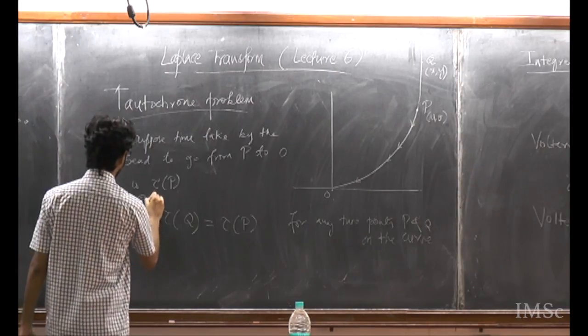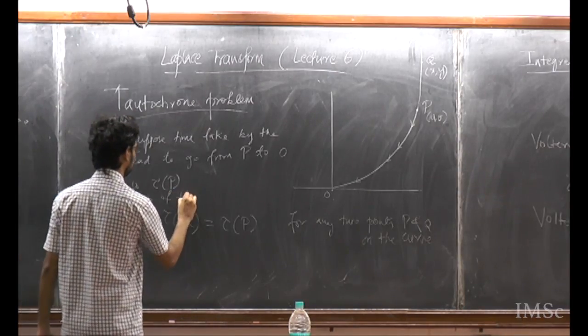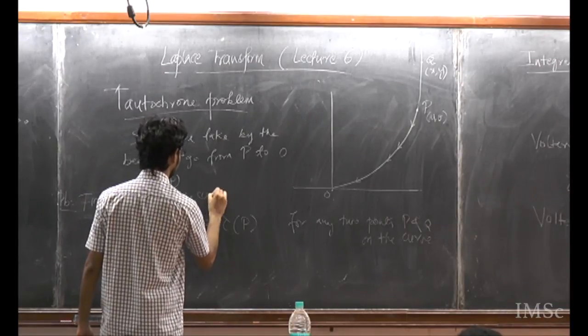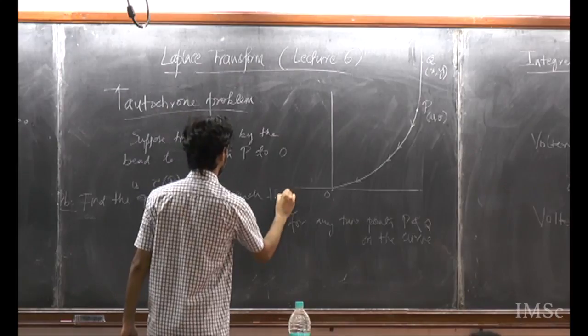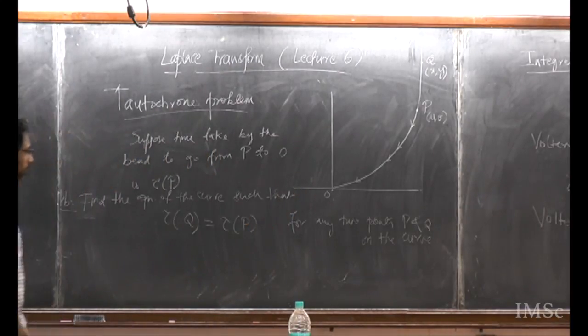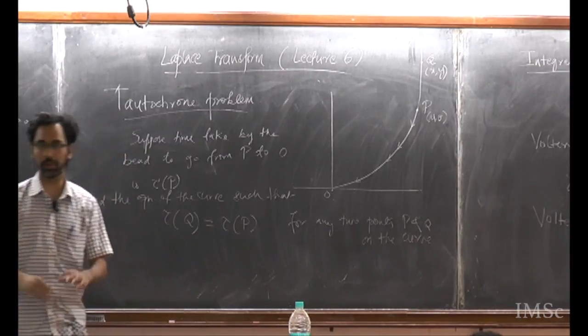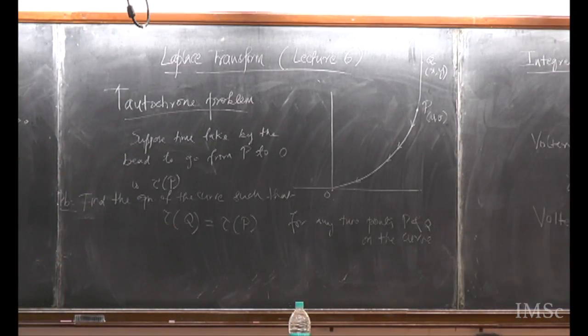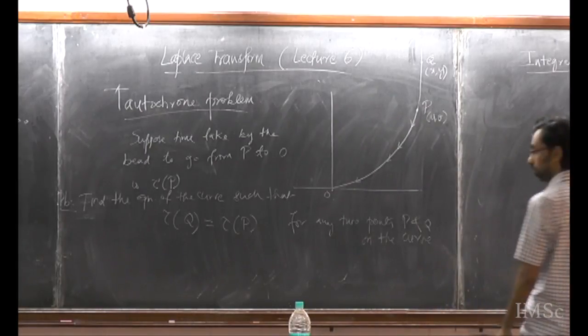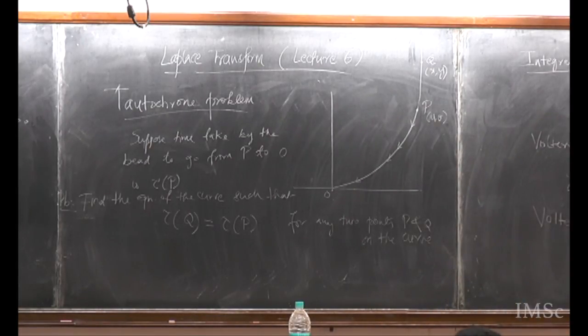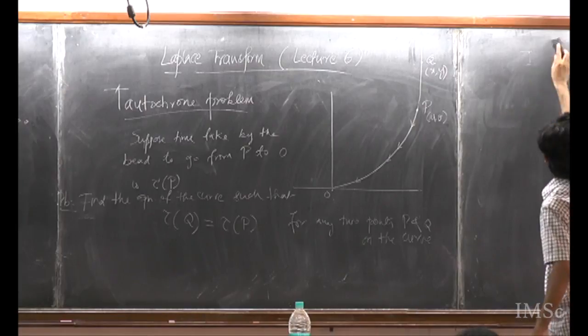Find the equation of the curve such that you have this property. You have the same time independent of where you start your bead. So you'll find that you'll end up with a Volterra equation to solve this problem.